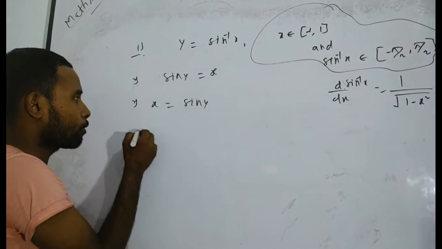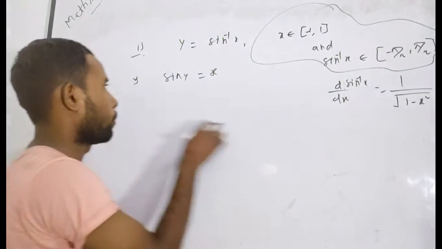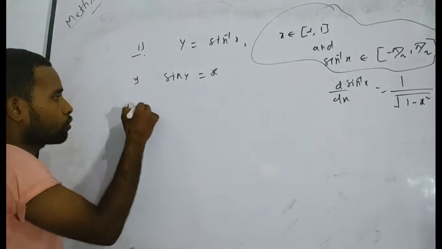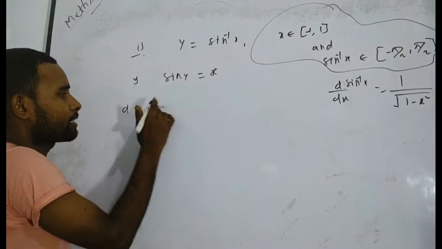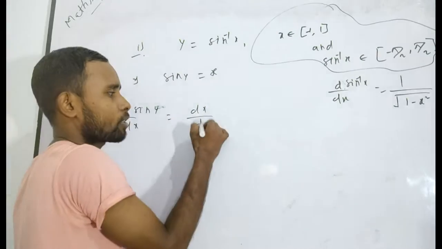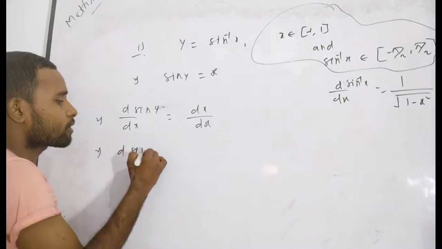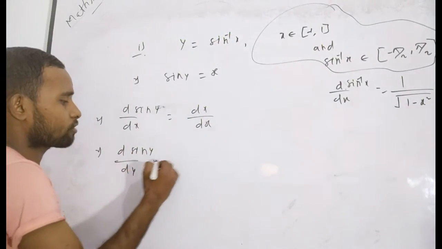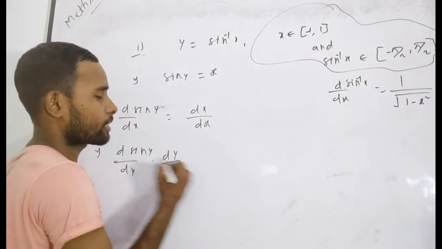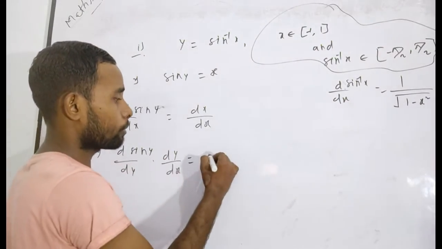Now differentiating on both sides, d sin y with respect to y, and x will give the derivative of x with respect to x. As you know, you can't differentiate sin y with respect to x directly, so you differentiate sin y with respect to y, and then differentiate y with respect to x, which will be dy/dx.